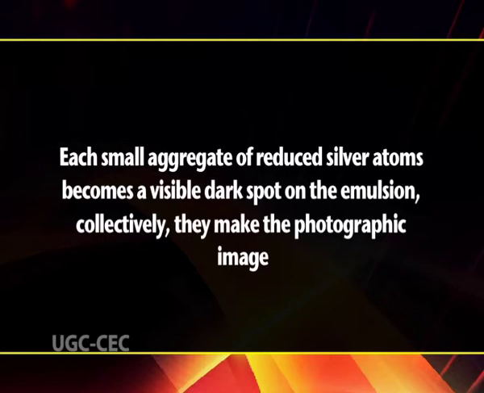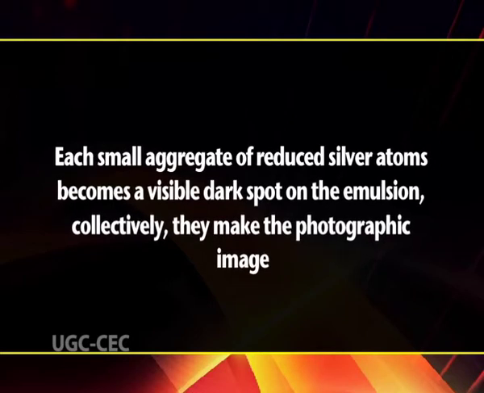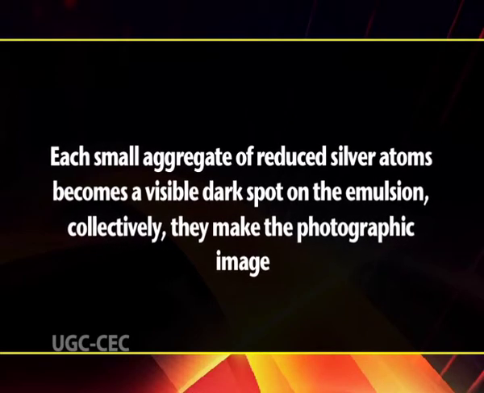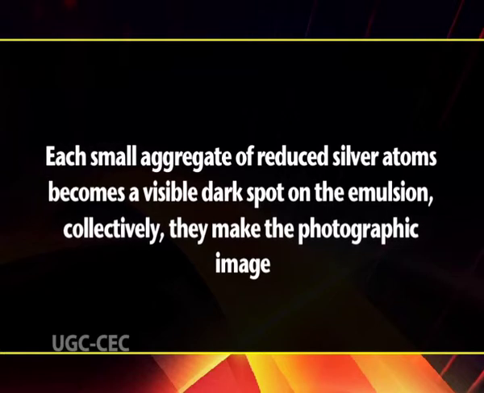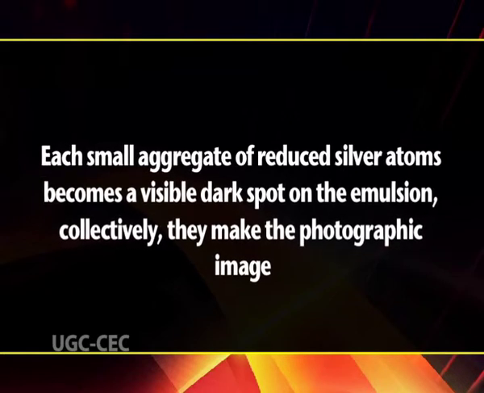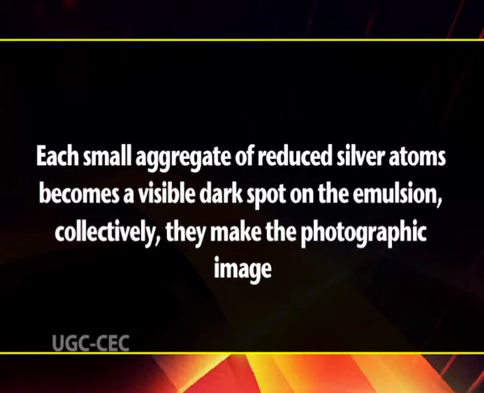After exposure to the sample, the photographic grains in the emulsion are fixed using standard photographic developing, which removes silver bromide that has not been ionized. After the emulsion is developed, a small aggregate of reduced silver atoms becomes a visible dark spot on the emulsion. Collectively, they make the photographic image.